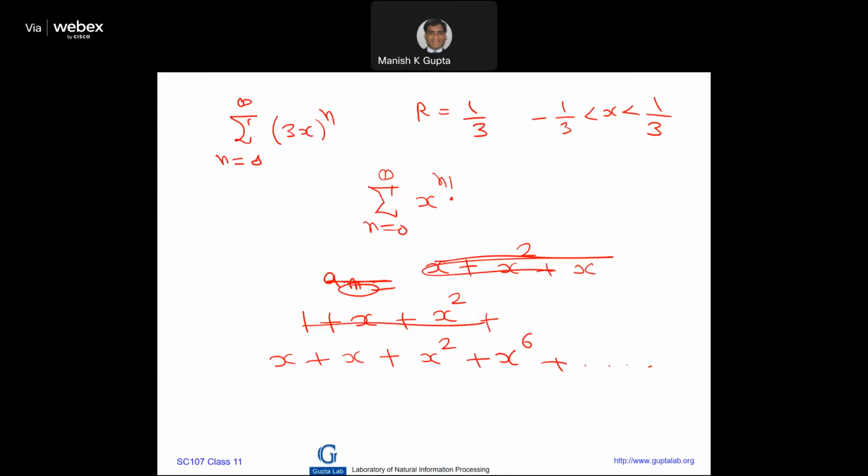If I write the coefficient of the series as am, the mth coefficient is 1 if m is equal to factorial n, and 0 if m is not equal to factorial n. Can I say something like that? For all factorial values the coefficient is 1, otherwise it is 0, right? So this is one way of handling.